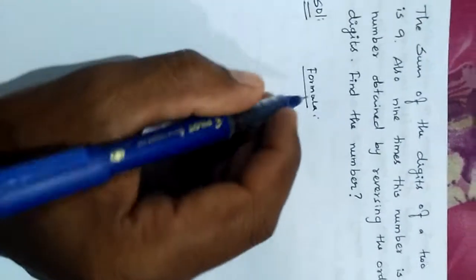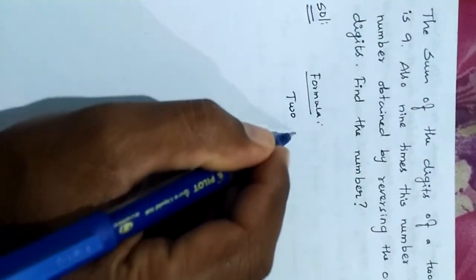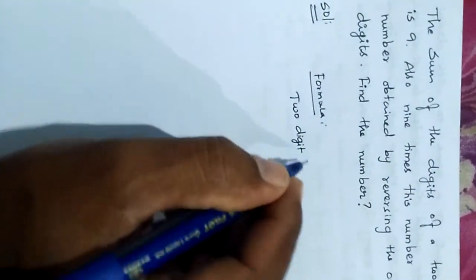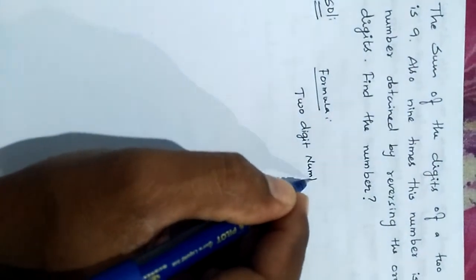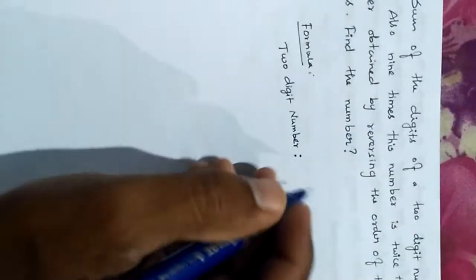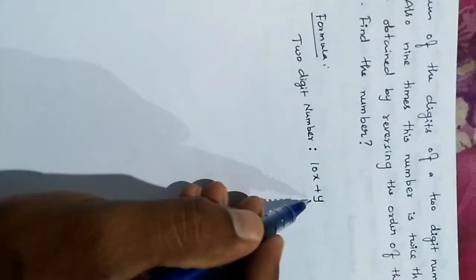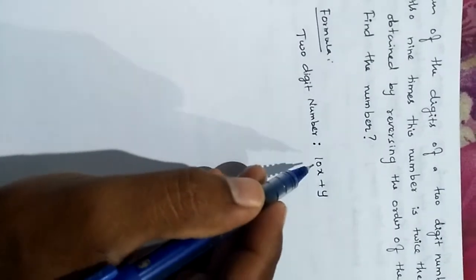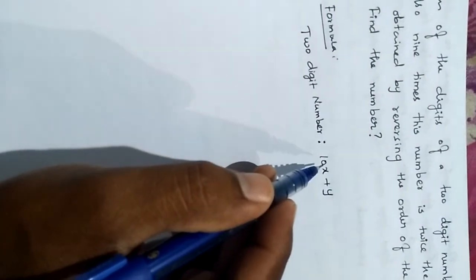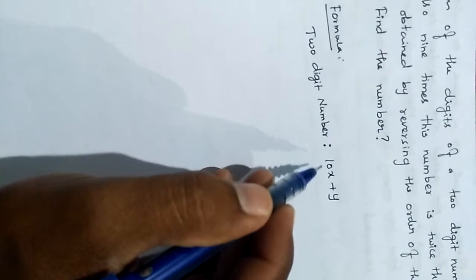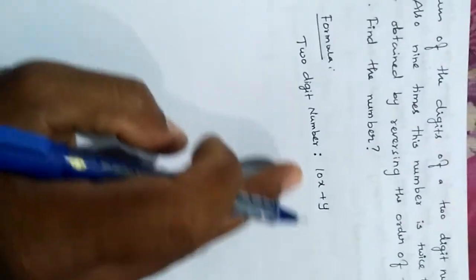What does a 2-digit number look like? Consider this as a formula: a 2-digit number should be 10x plus y. Here y represents the ones place and x represents the tens place. That is why we put 10 with the tens place. This is the 2-digit number formula.